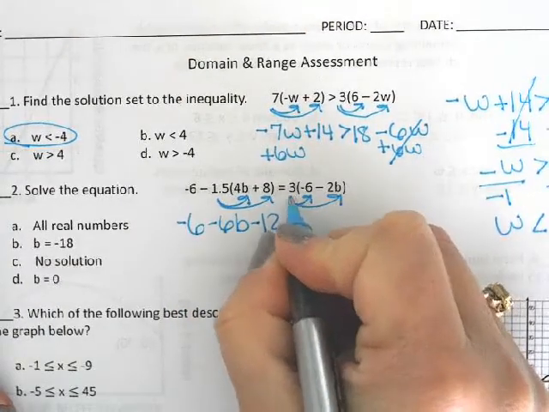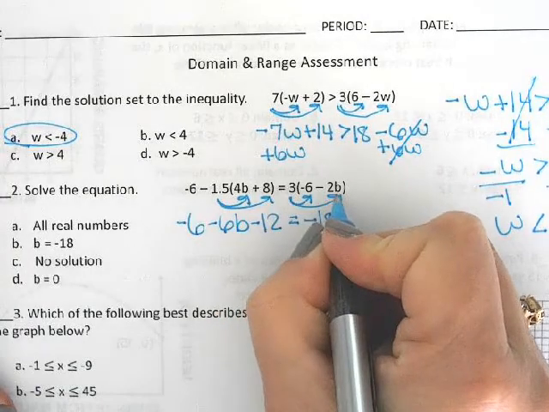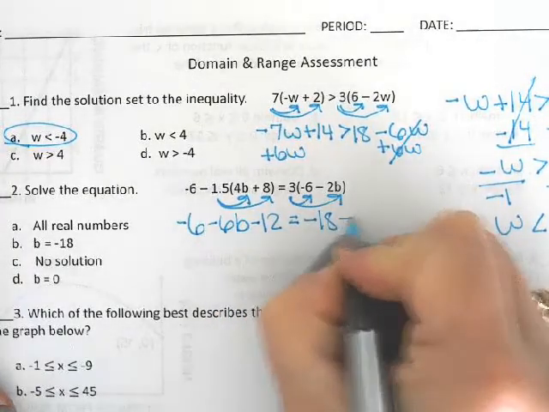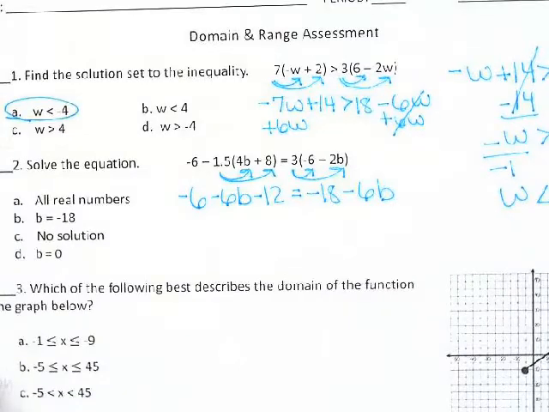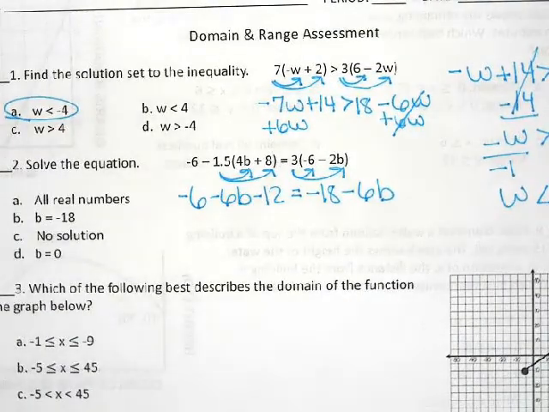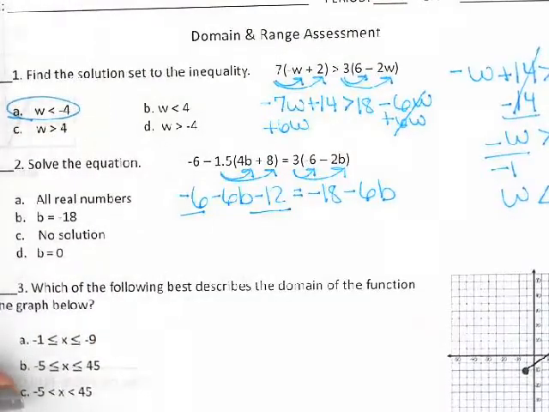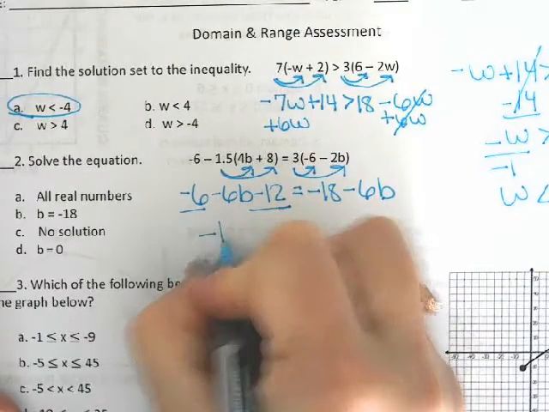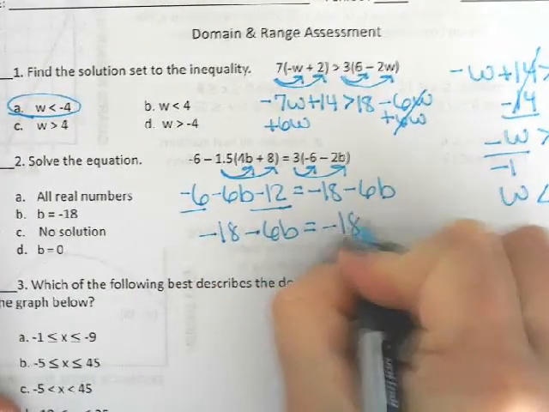Equals 3 times negative 6 is negative 18, and 3 times negative 2b is minus 6b. When I'm done, I have to combine like terms on the left. I can combine negative 6 and negative 12. Negative 6 minus negative 12 is negative 18, minus 6b equals negative 18 minus 6b.